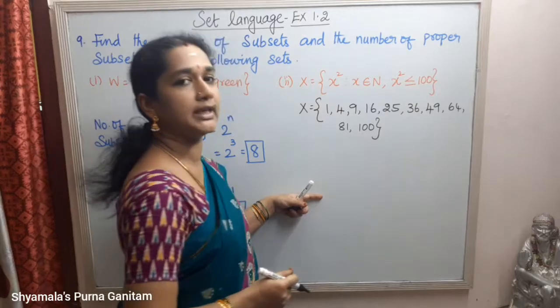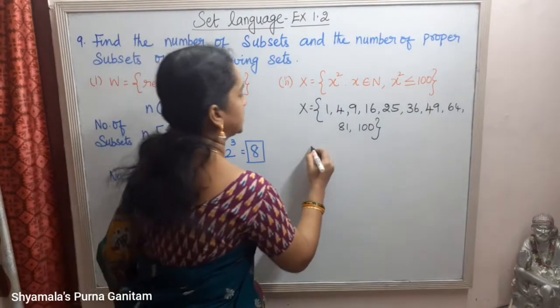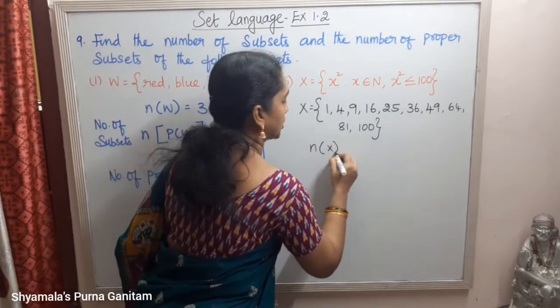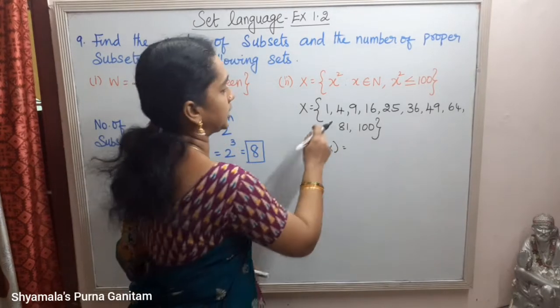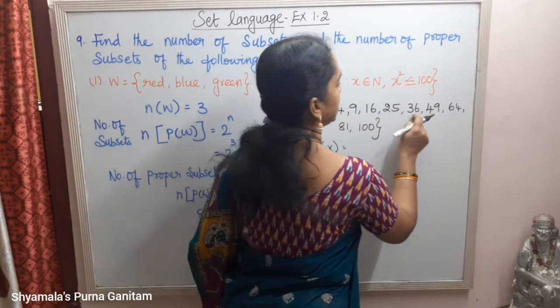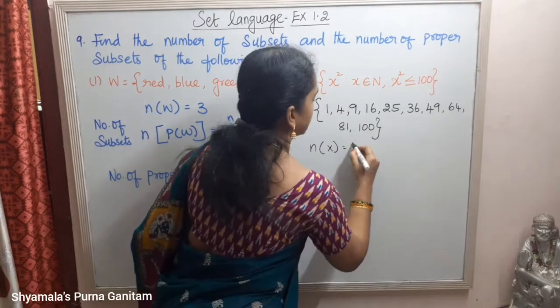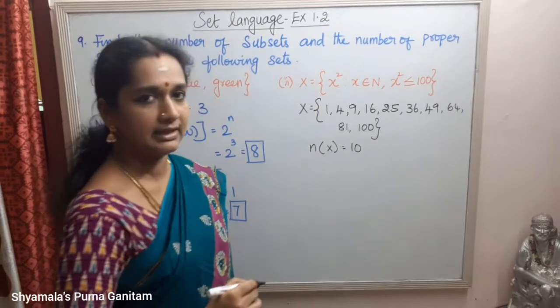So these are all the elements of the set. So the number of elements in the set X: n of X is equal to 10. So there are 10 elements in that set.